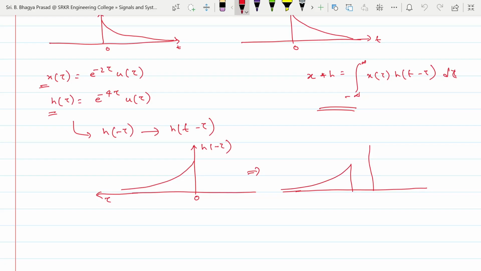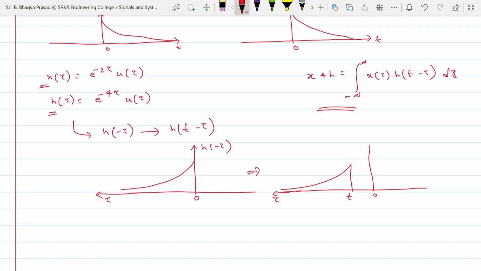For the origin of 0 I am adding t. Based on this t value, the signal may appear at the left hand side or the right hand side of the axis. Based on the value of t, the signal will appear at any position of this axis.